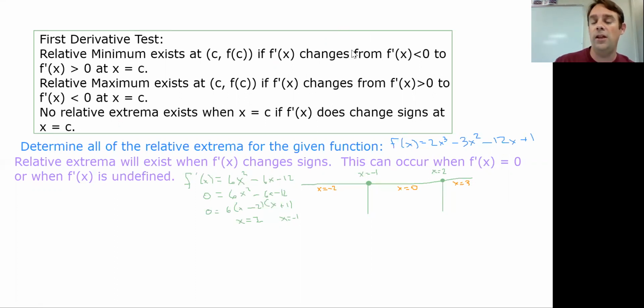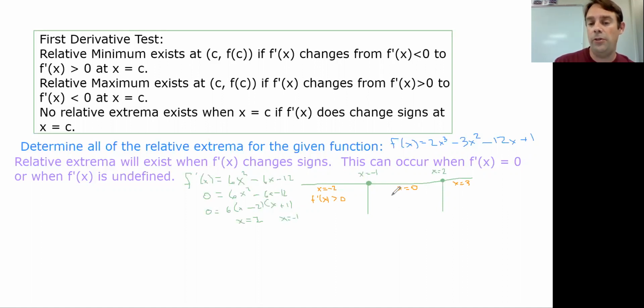When I plugged it in, I would have got a positive value. So all the derivatives on that side would be positive. That tells me that my graph from -infinity to -1 is increasing.